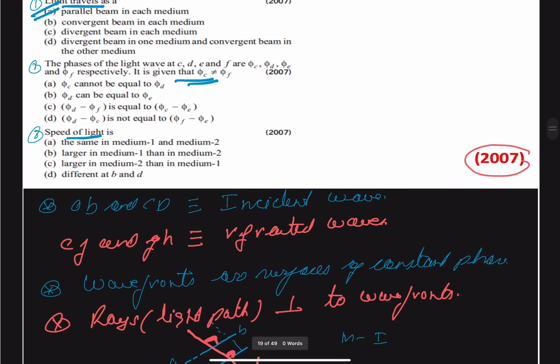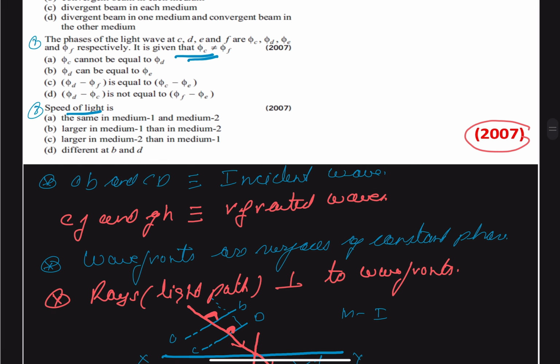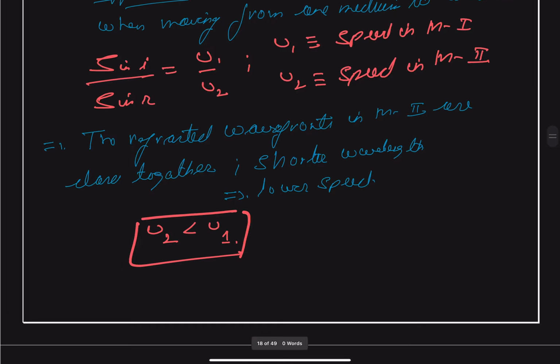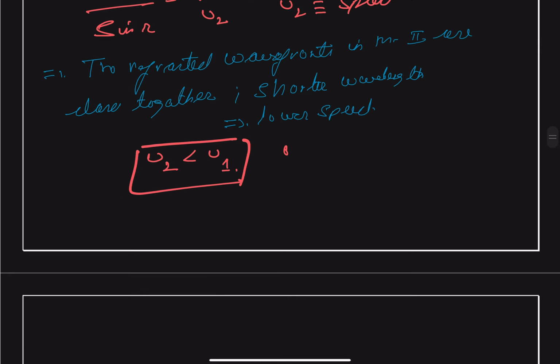Oh, it was part C, sorry. So it is larger in medium 1 than in medium 2. So option B is the correct one.